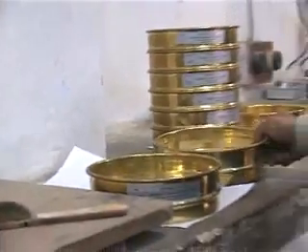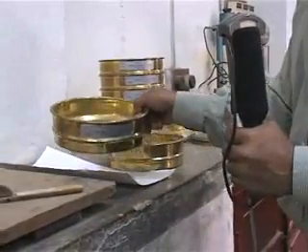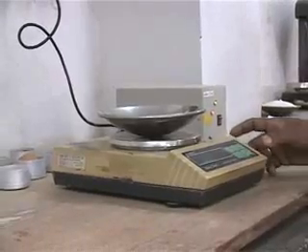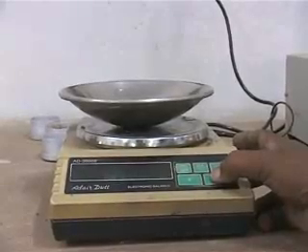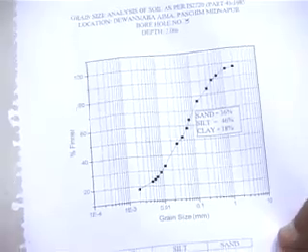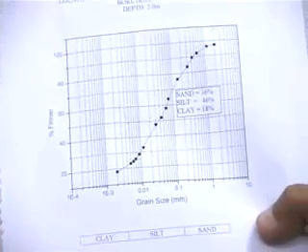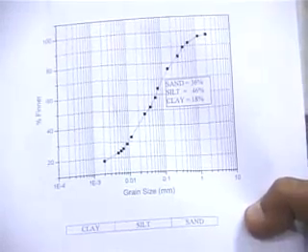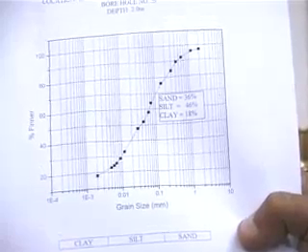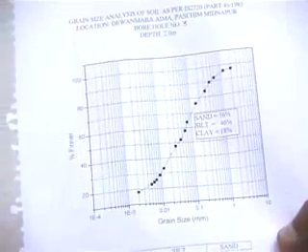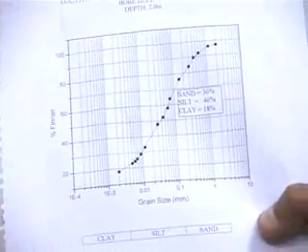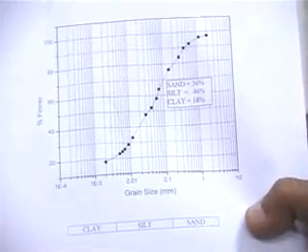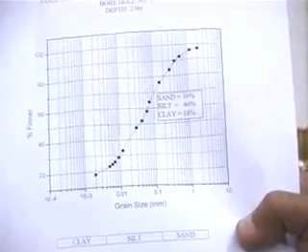Okay, so as I mentioned, we are going to proceed to weighing the percent of soil retained on each one of the individual sieves, and finally, using the data, we are going to be able to generate a grain size distribution curve like this, which plots the percent finer by weight on the vertical scale and the opening size of the sieve on the horizontal scale, as you see on this particular plot.